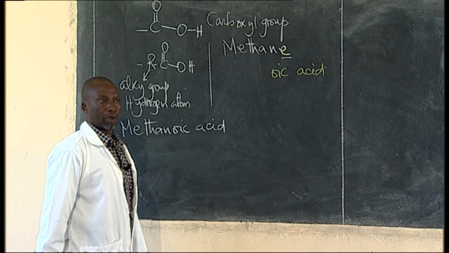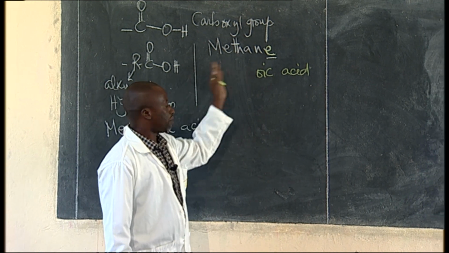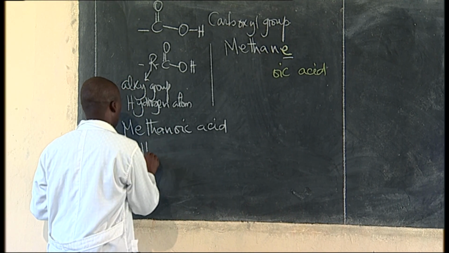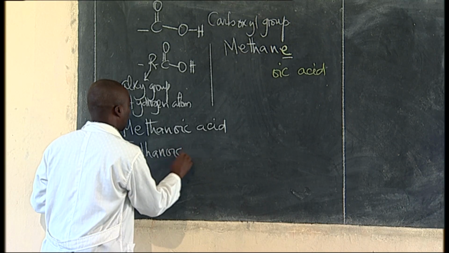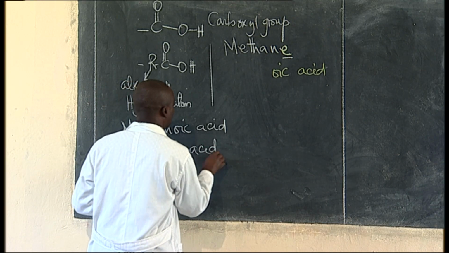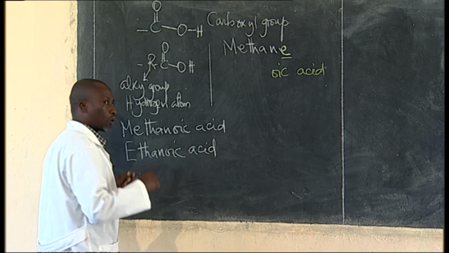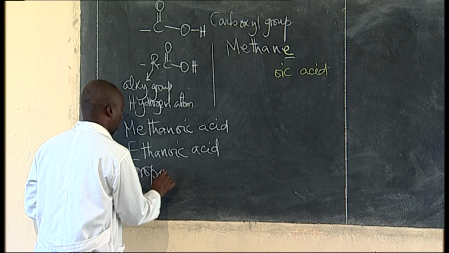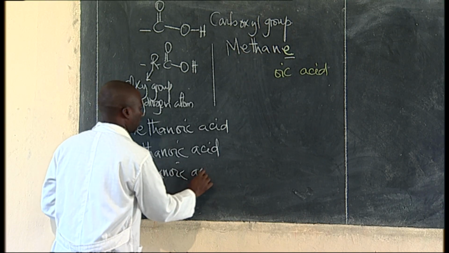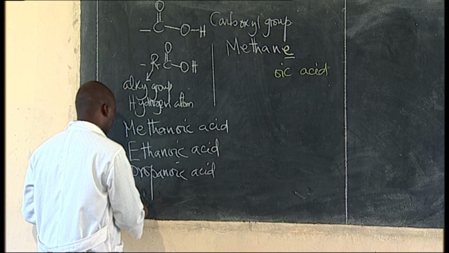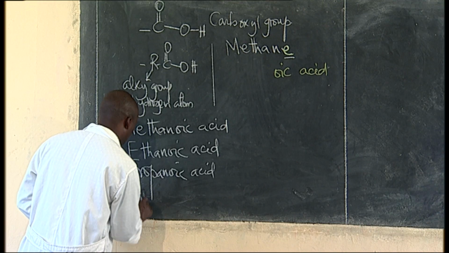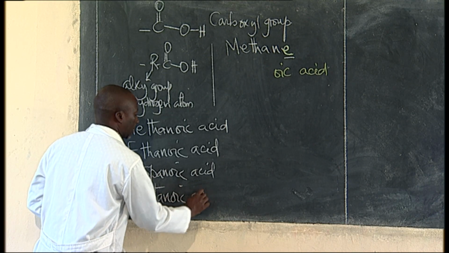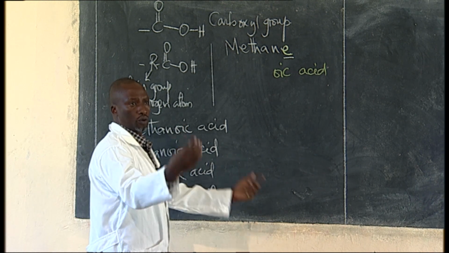Now, the second member of the alkanes is ethane, so you'll have ethanoic acid. The third member is propane, so you'll have propanoic acid. And then you have the fourth member, which is butane, butanoic acid, and so on and so forth.